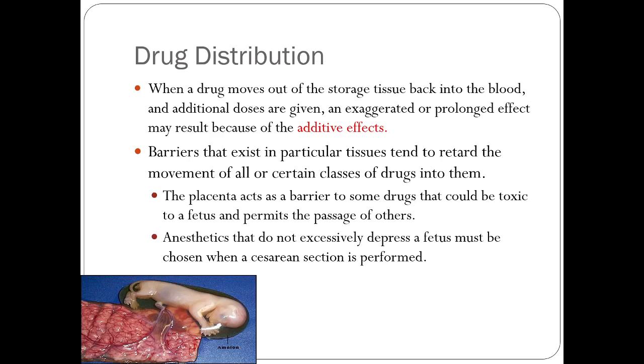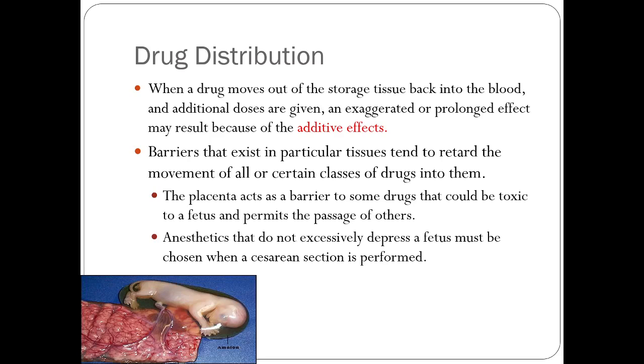The other thing to know about drug distribution is that there are barriers in particular tissues that tend to retard or slow the movement of all or certain classes of drugs into them. For instance, the placenta is a good barrier to some drugs that could be toxic to the fetus, but it does permit the passage of others. So you need to understand when you're giving a medication, does it cross that placental barrier?